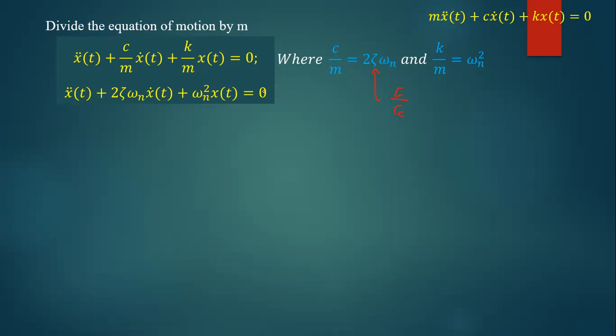Let's simplify the equation into the new form, which is x double dot plus 2 zeta omega n x dot plus omega n squared x equals 0.